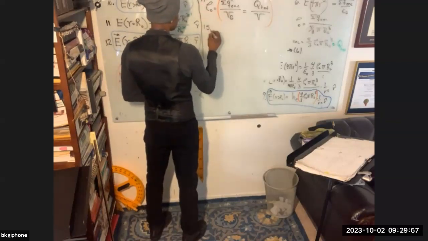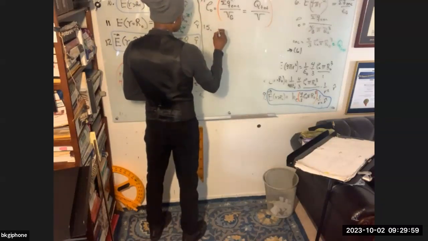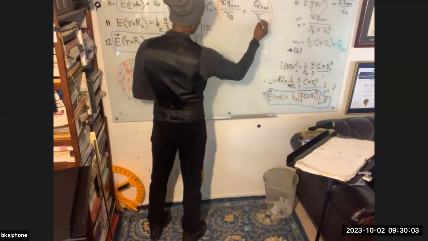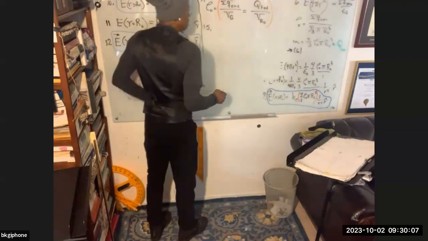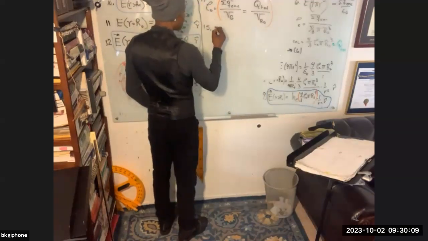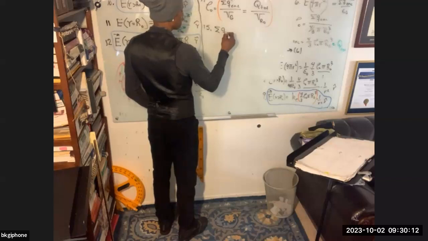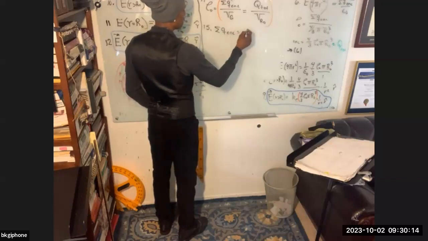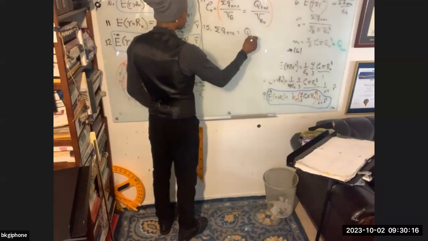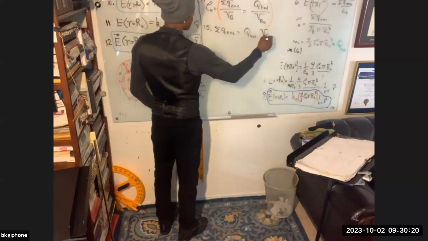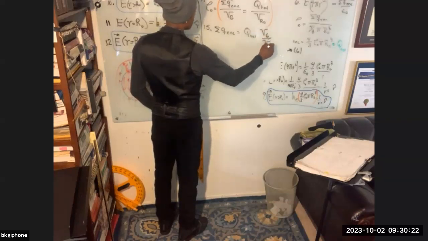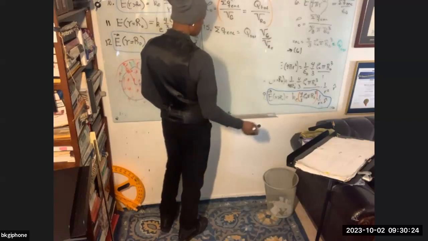Then 15, I'll call this volume with R naught, because that's the total thing. So that says that the charge enclosed equals total charge times this ratio of volumes, V of the Gaussian over V of the charge distribution.